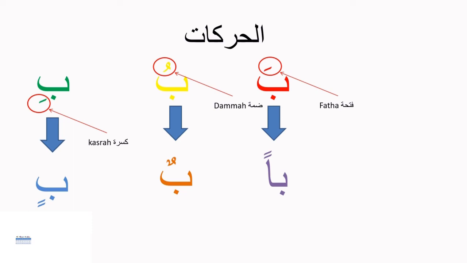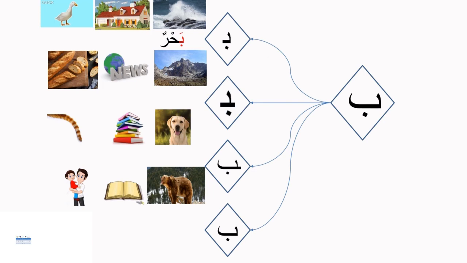And the last sound actually is not a sound, it is called sukun, which makes the letter silent. So these examples I gave you before, if we put all al-harakat above them, they will look like that. Bahrun, which is sea.